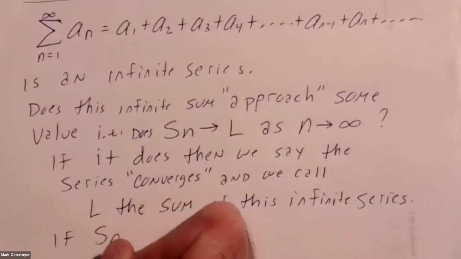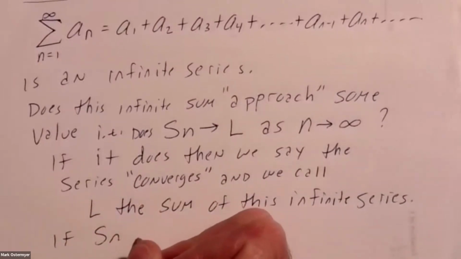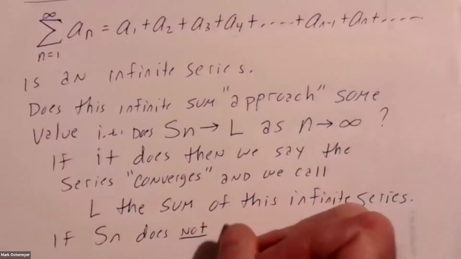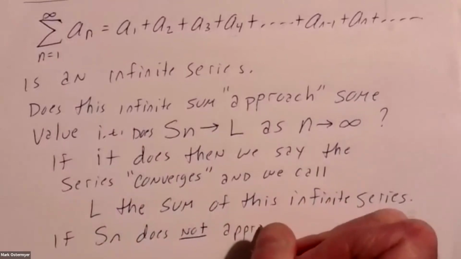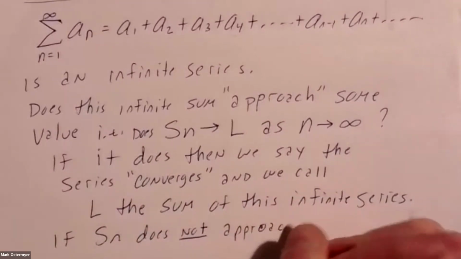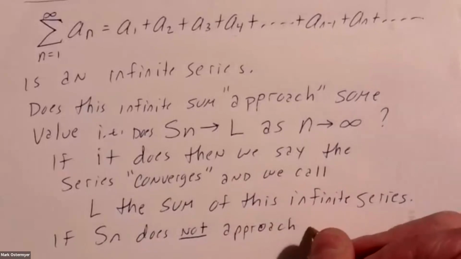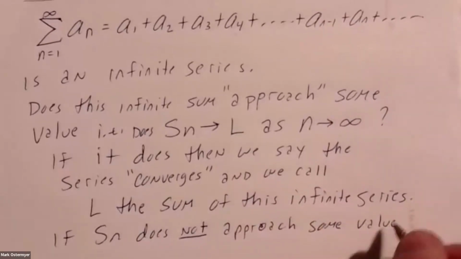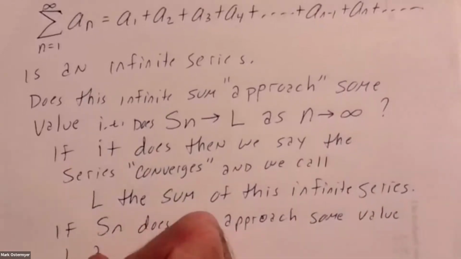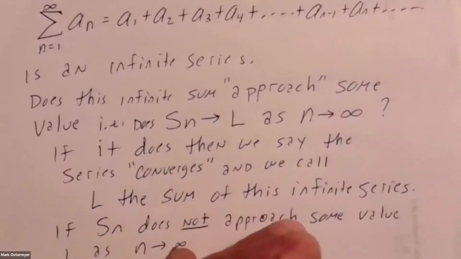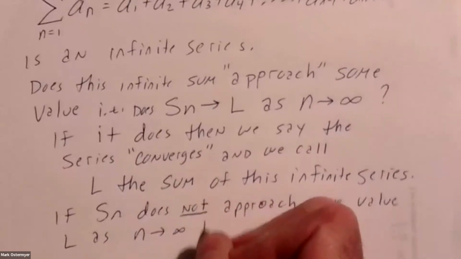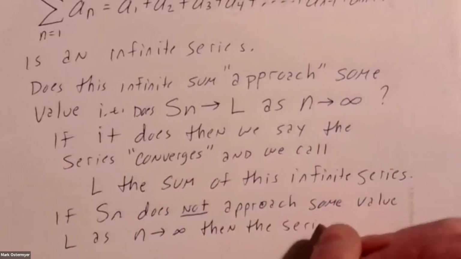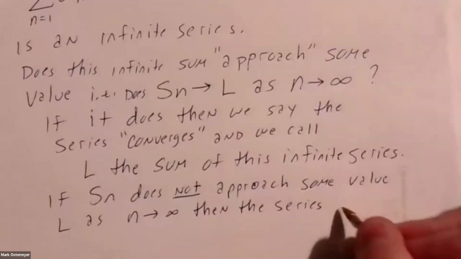If our sequence of partial sums S sub n does not approach some value L as n approaches infinity, then we say the series diverges.